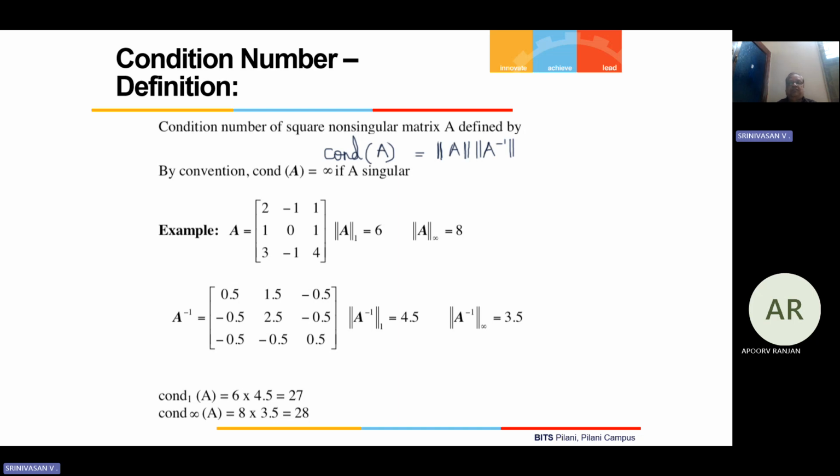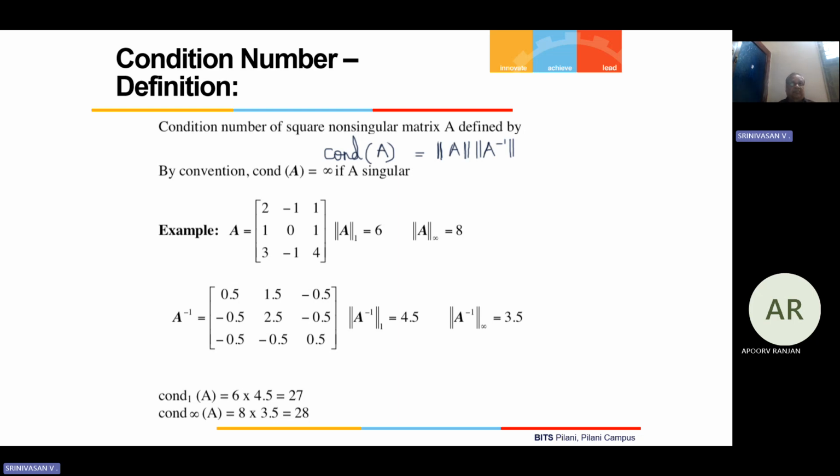Norm A inverse suffix infinity, take the row sum. 0.5 plus 1.5 plus 0.5, that is 2.5. Then 2.5, 3.5, and this is 1.5. So 3.5 is your norm A inverse suffix infinity, isn't it? Well, we have found norm A 1, norm A infinity, norm A inverse 1, and norm A inverse suffix infinity.